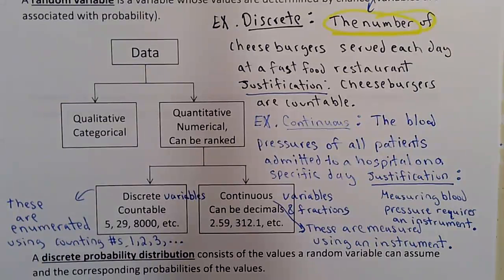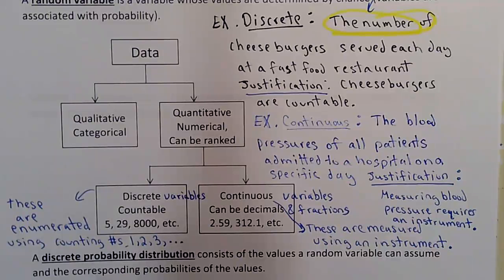So they have some kind of an instrument, or a couple of instruments maybe, to help you measure the blood pressure. Take that reading. So they just don't do a sole count like with cheeseburgers. You don't need a special instrument to do that tally. You just count on your fingers and keep track of that. Okay, so that's how you distinguish whether it's considered continuous or discrete.